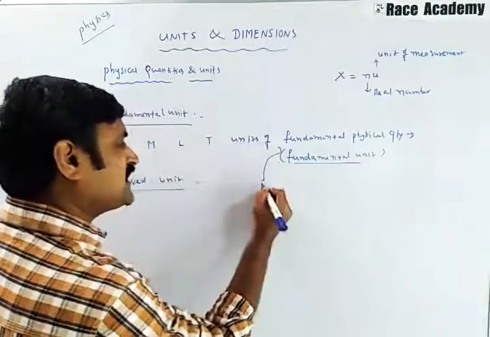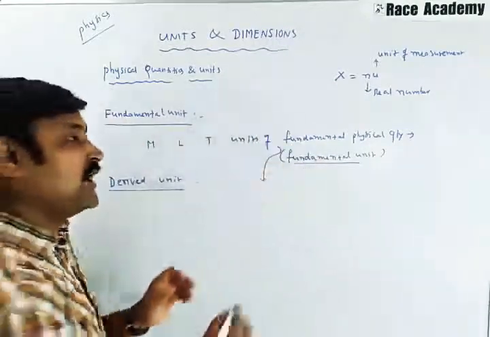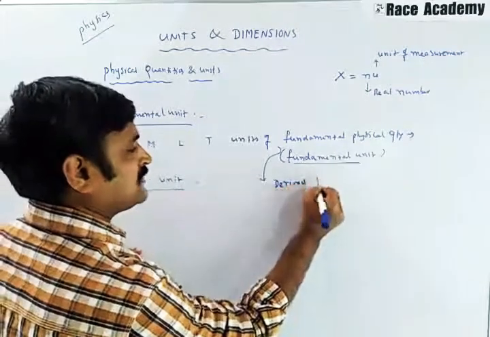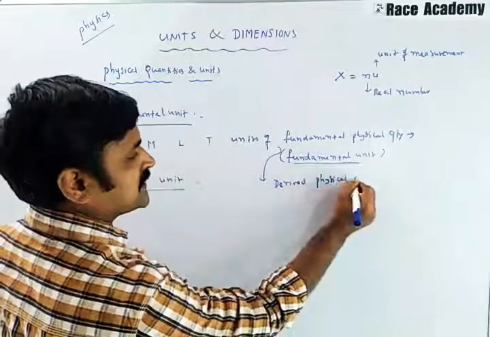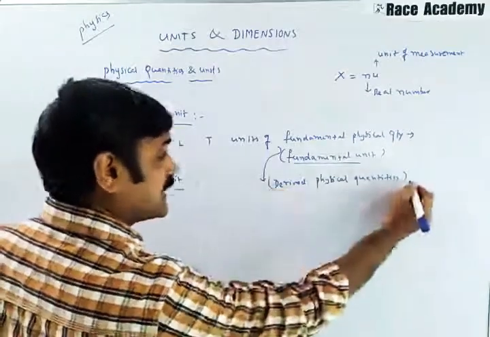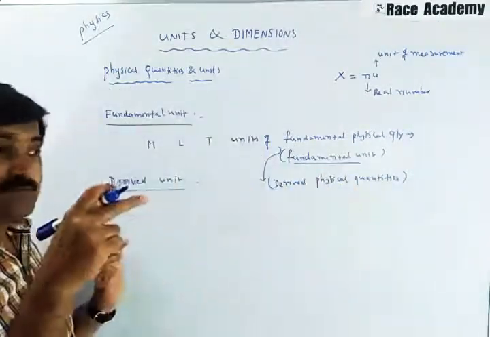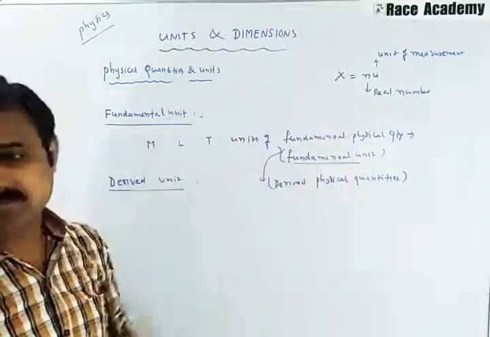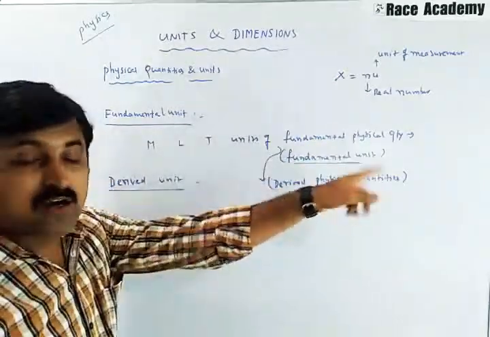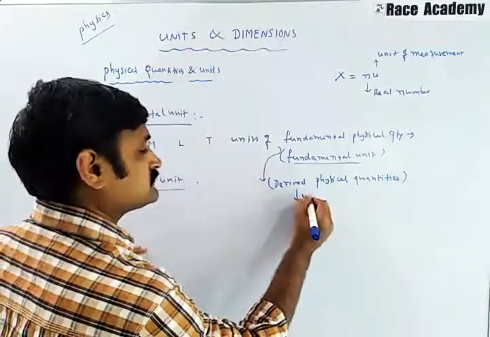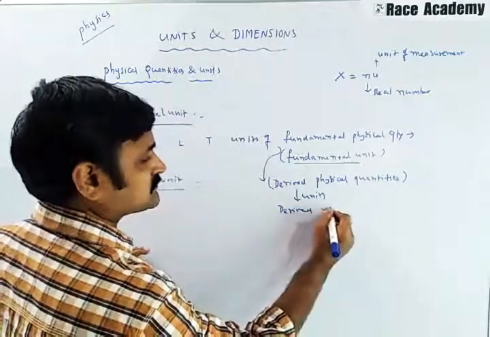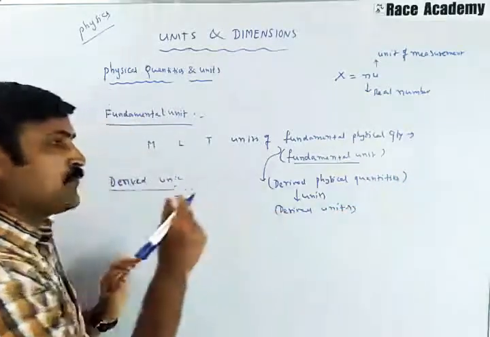So physical quantities derived from the fundamental physical quantities are called derived physical quantities, and the units of these derived physical quantities are called derived units. Got the point, right?